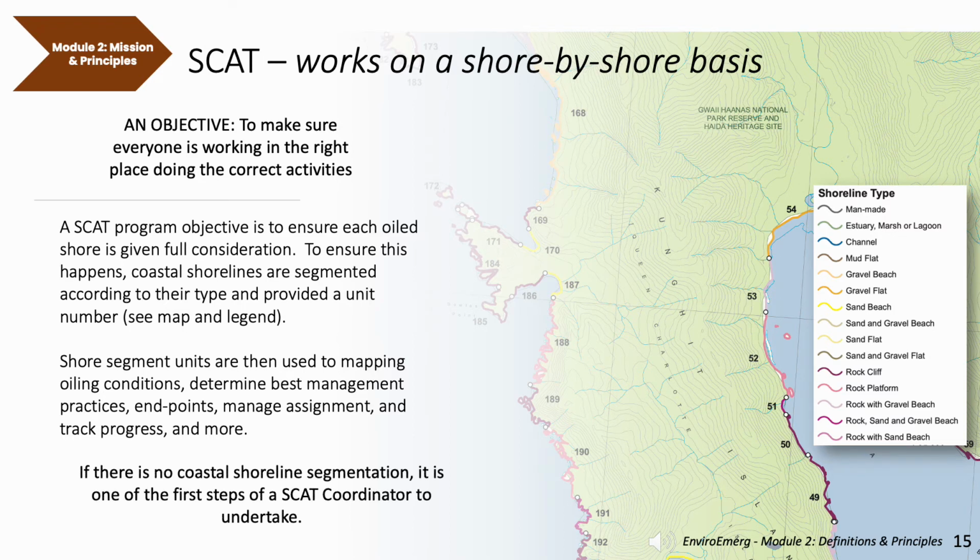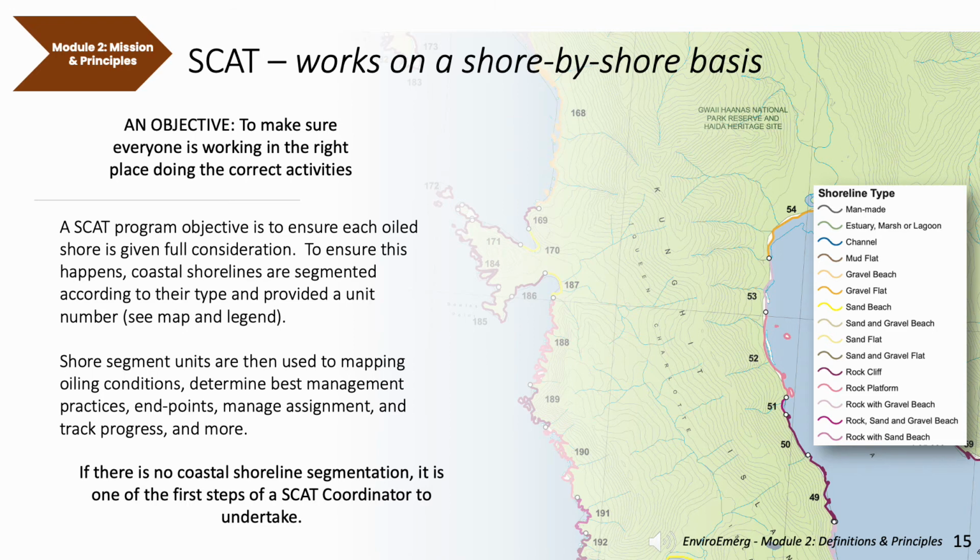An essential aspect of SCAT is that its process works on a shore-by-shore basis to ensure each oiled shore is given full consideration. This requires the coastal shorelines within the envelope of an oil's trajectory to be segmented according to each shore's geomorphology, such as whether it's a sandy beach or a rocky headland. Take a look at the map for shoreline types.